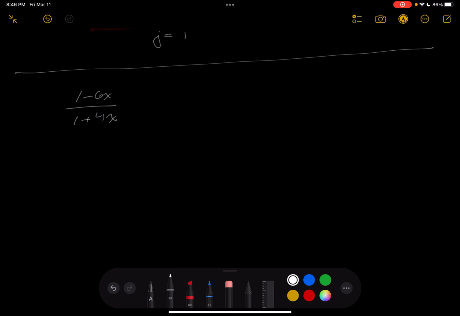And I got some problems initially, and I want to put down, I could put down 1 over 1 minus a minus 4x. That's the same thing as 1 plus 4x, minus 6x times 1 over 1 minus a minus 4x.